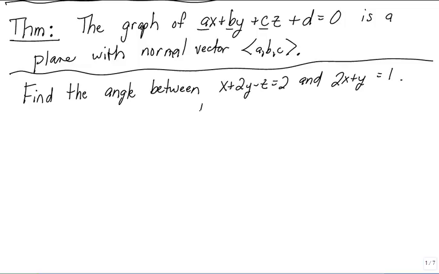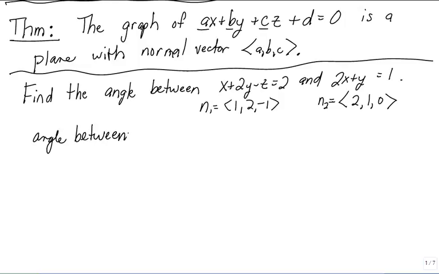N1, the normal vector for the first plane, is 1, 2, negative 1. Those are the coefficients of x, y, and z. And the normal vector for the second plane is 2, 1, 0. So the angle between them is found by using cosine theta.